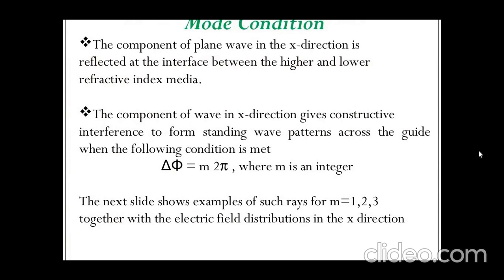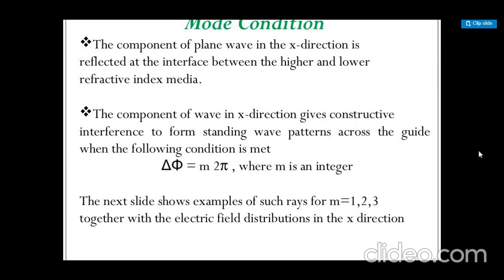So next, students, is the concept of mode condition. The component of the plane wave in the x direction is reflected at the interface between the higher and lower refractive index media. So based upon that higher and lower refractive index media, it is going to work. The component of the wave passing in the x direction gives constructive interference to form standing wave patterns.